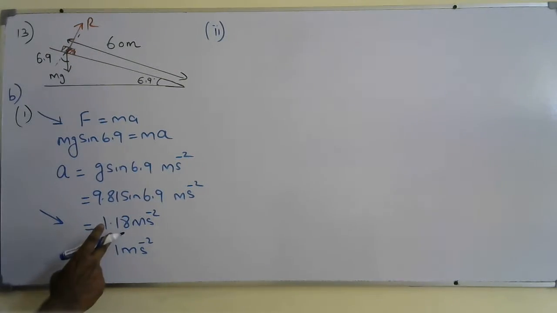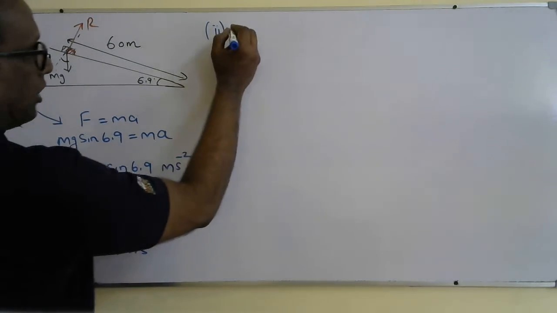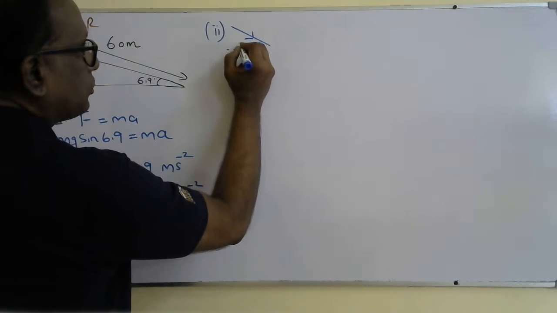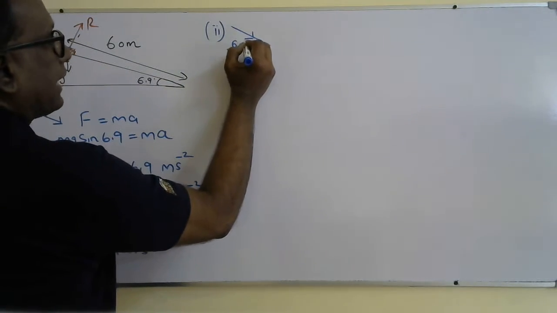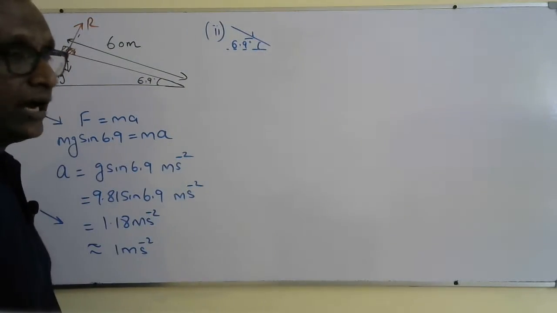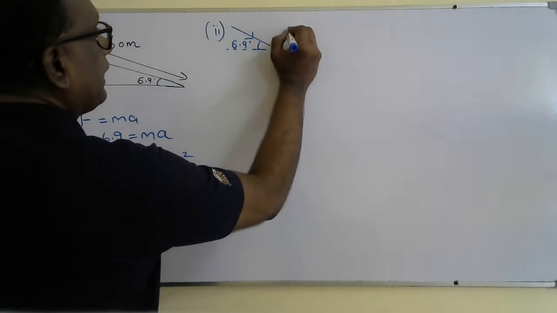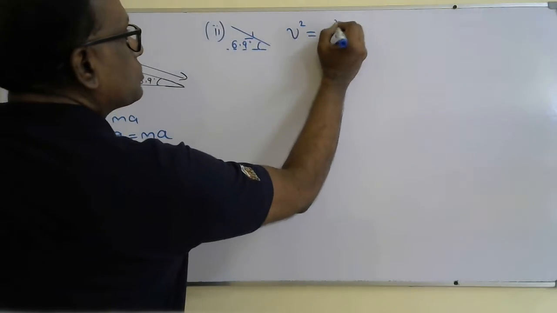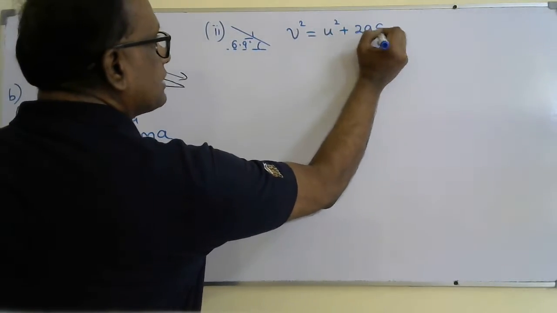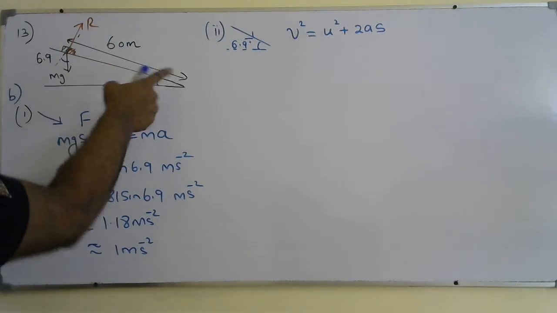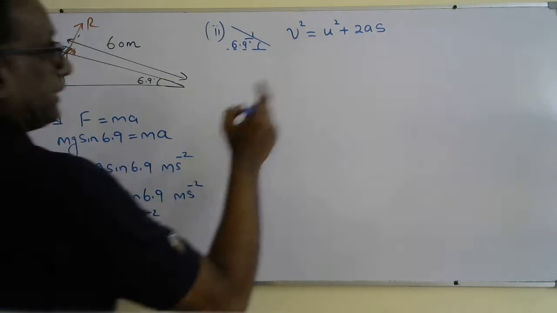Since we know the acceleration along the slope down, I should put the diagram with the direction along the slope down. They ask you to find the speed, so I can use v squared equals u squared plus 2as, because I know the acceleration and the distance it moves, 60 meters. This is method 1.